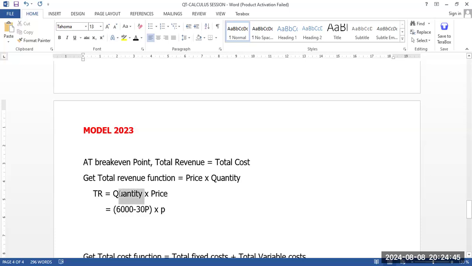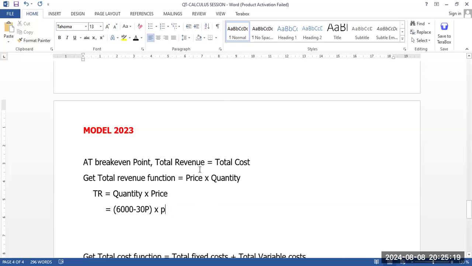Already you have the quantity function, which is this one, so multiply by P. Why are you doing this? You want to put everything in terms of P. This would be different if you want to put everything in terms of quantity.